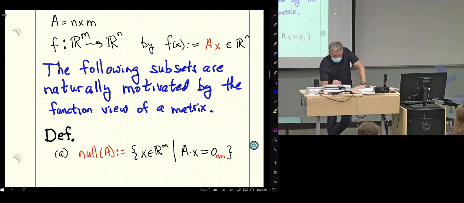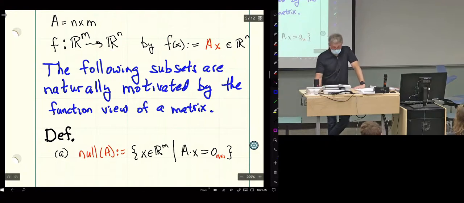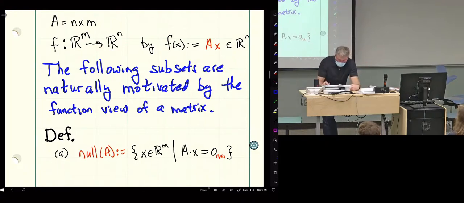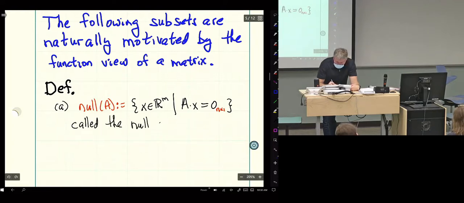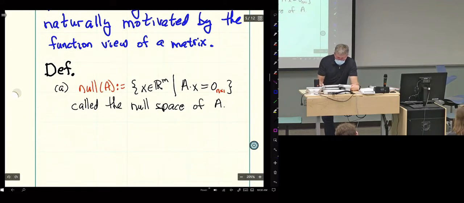And now I'm looking at all of the vectors here that under this function get mapped into the 0 vector. I'm going to relate it to solutions of linear equations in just a second and why we really care about this. This is called the null space of A. So the null space of a matrix is the set of all vectors that get mapped into the 0 vector.